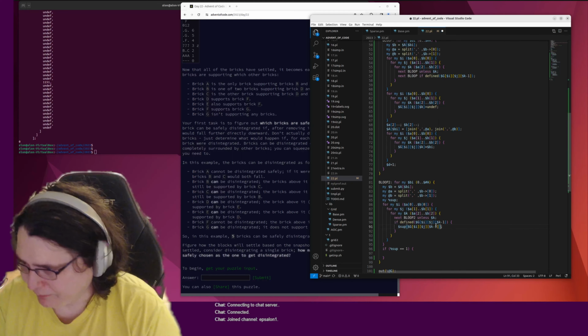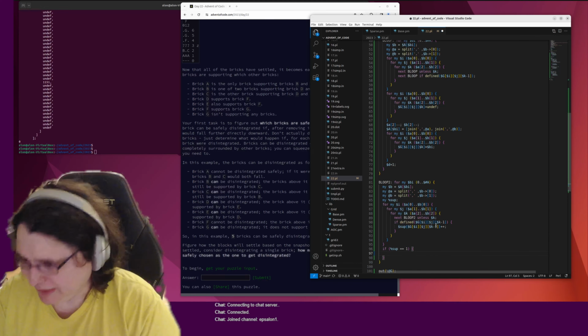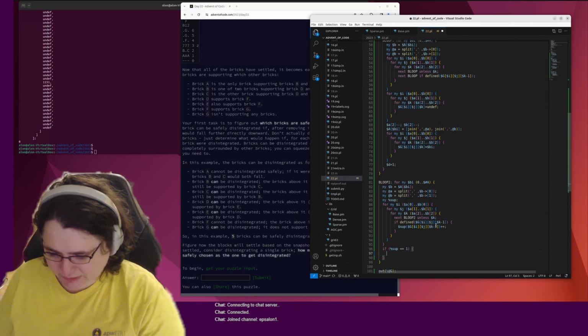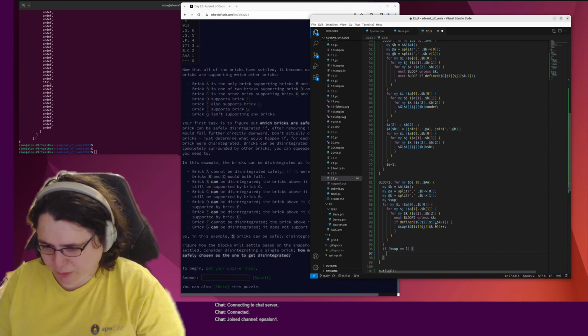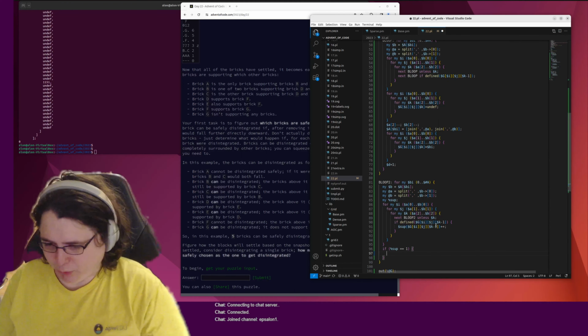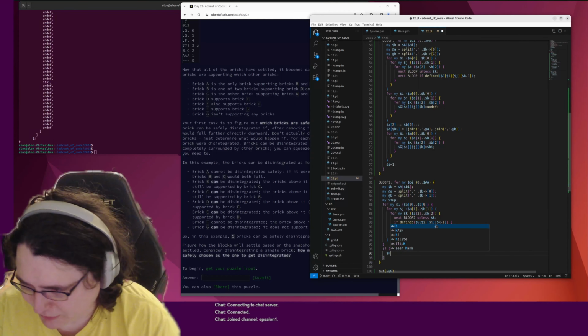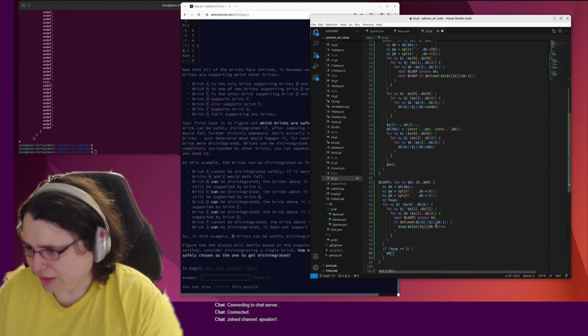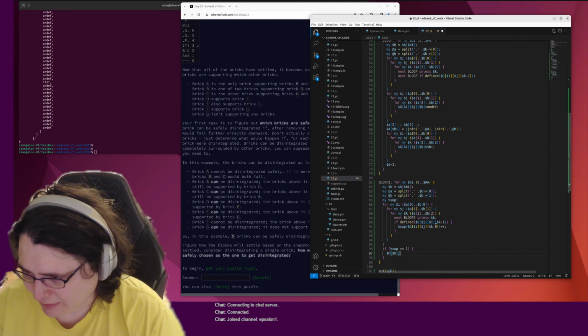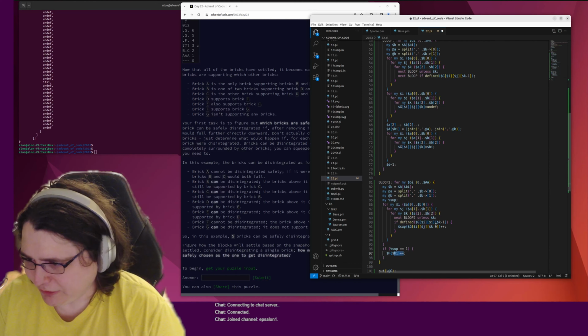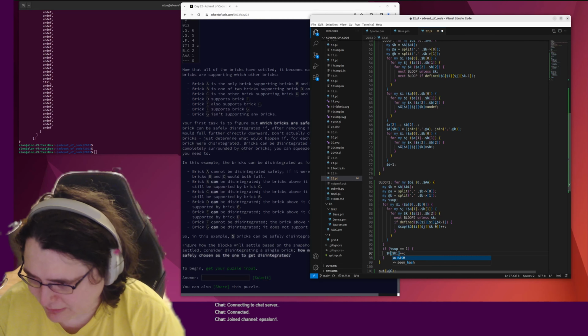If exactly one thing supports it, then that one cannot be removed. That's a brick that cannot be removed. And h of bi plus plus, or actually just sum plus plus.